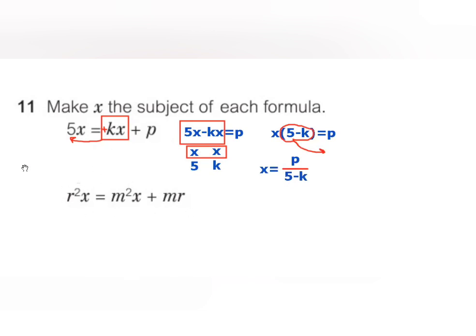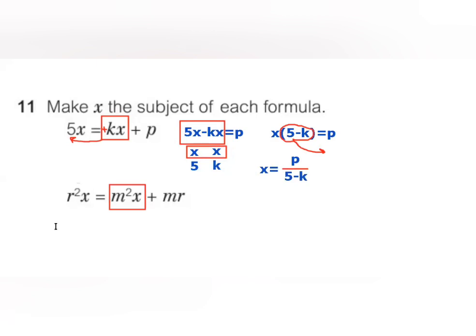Now, let's do the second one. We're gonna follow the same steps, but we have to focus because here we have r squared and m squared. But the x is not squared, so it's gonna be the same steps. First, as we said, we're gonna take what has x next to the other x here. Because it's positive here, I'm going to make it negative on the other side.